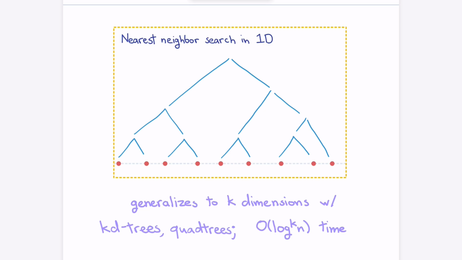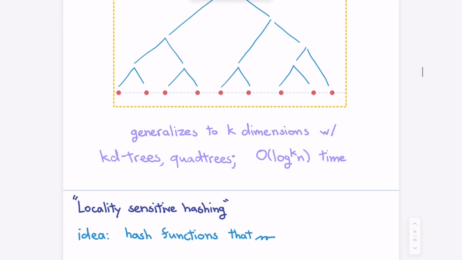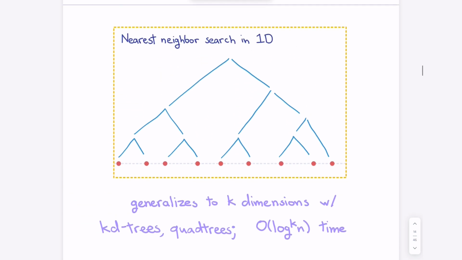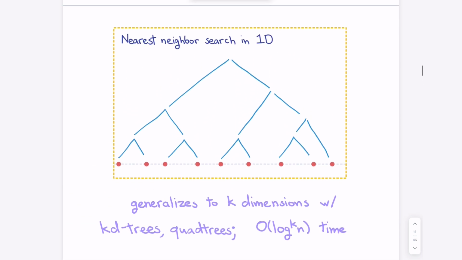Sometimes there are tricks where you can do log to the k minus 1 of n, but the point is as soon as k is like 10, you're screwed. So it's not going to help you with some of these modern settings. That's really the main thing we're trying to overcome. We want to do something that's basically trivial in low dimensions, and the real crux of the problem is how to do high dimensional searching.